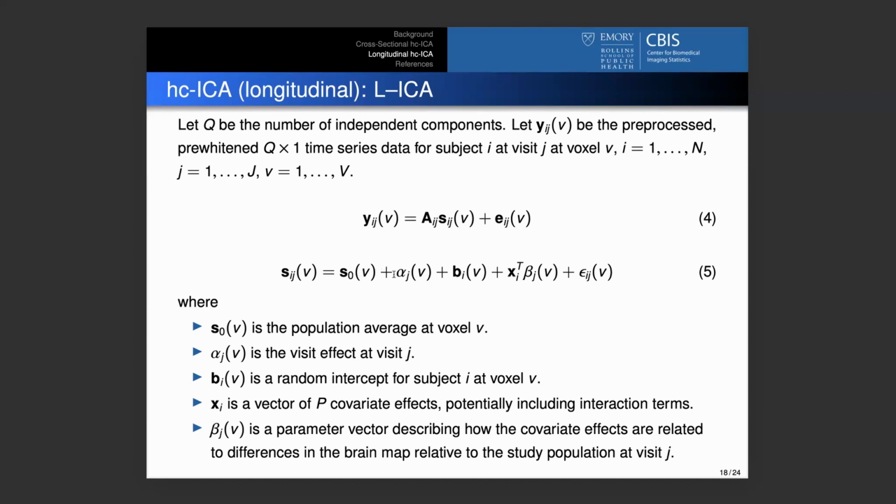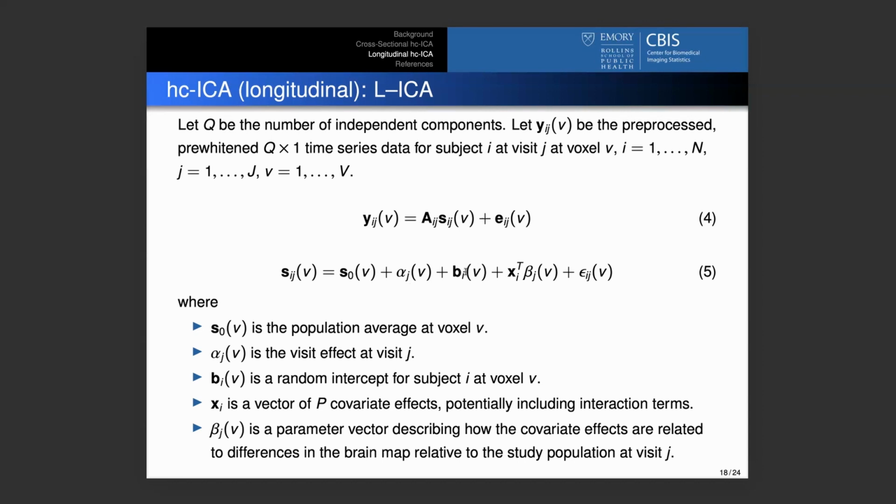But now we're going to add this alpha_j, which is going to correspond to a visit effect, a visit j. You can think of this as sort of like population-level changes in the brain network over time. For example, in your sample, it's possible that everybody is getting older over time, and that would be captured by this alpha term.